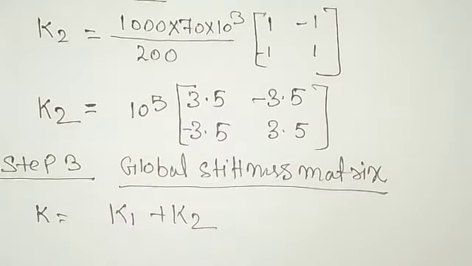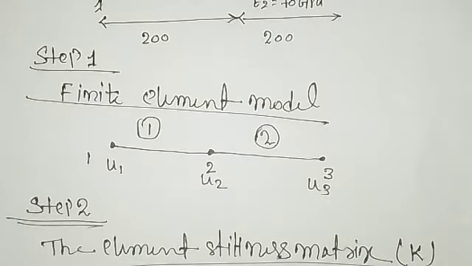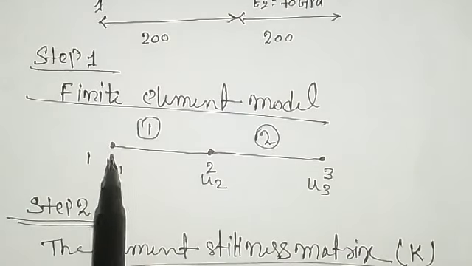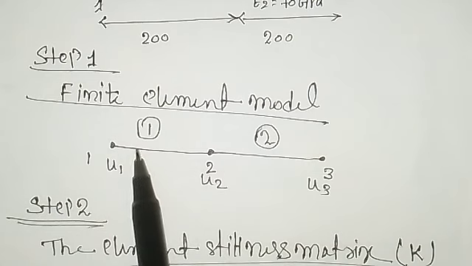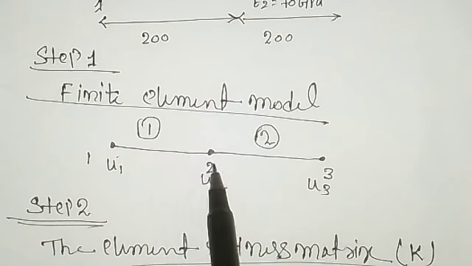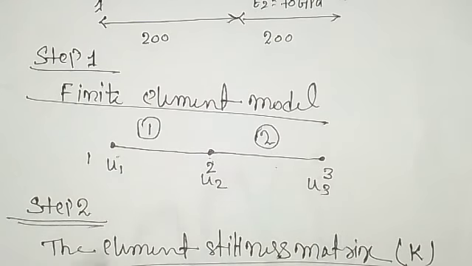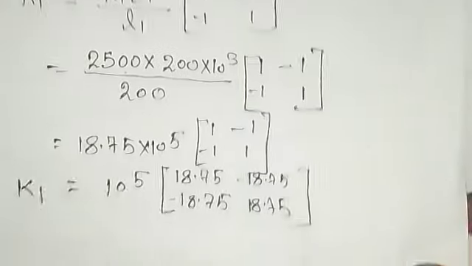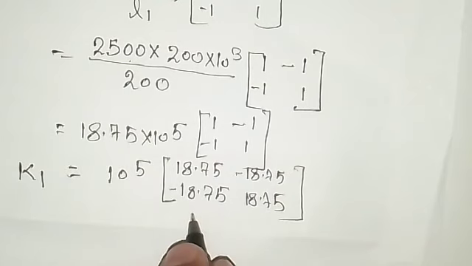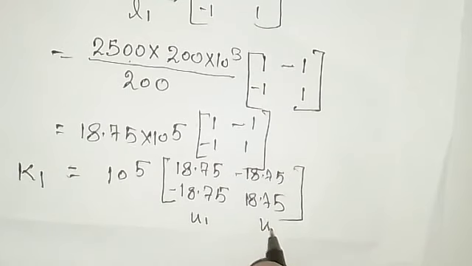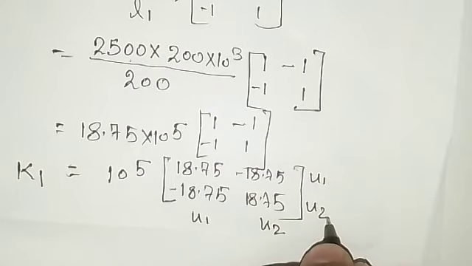Before adding, I will show you how the elements are connected. This is the finite element model we took in step 1, with node 1, node 2. Element 1 is connected between node 1 and node 2, and similarly element 2 is connected between 2 and 3. As we have found the stiffness matrix here, this is your U1 row, U2 row, and this is the U1 and U2 column.